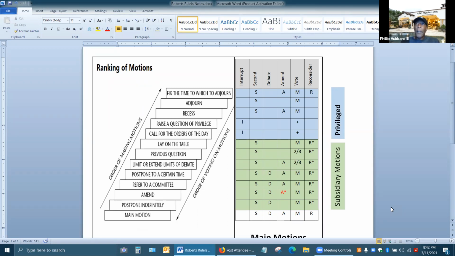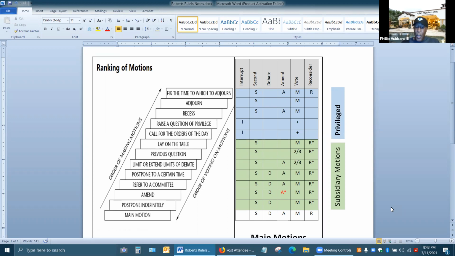It will destroy the main motion if the person making a motion to insert or to add changes the original motion when adding something to it, because they did not state the entire motion the way it was supposed to be stated. So normally you're going to have a motion to insert or to add. It's usually a word or two.